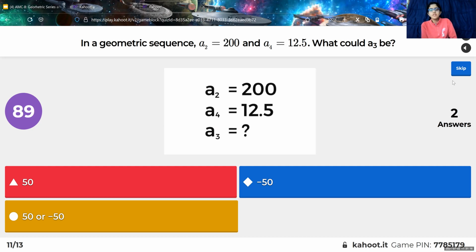So I see 2 answers. So remember, to get from the second term to the fourth term, you're multiplying by the ratio squared. You're multiplying 200 by r squared to get 12.5. So what multiplies by 200 to get 12.5?